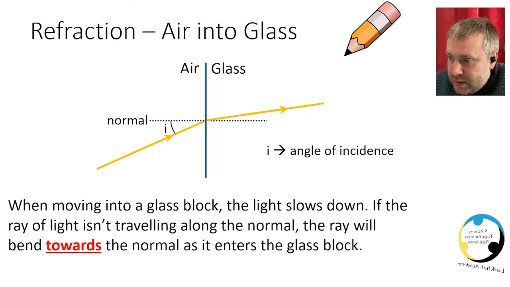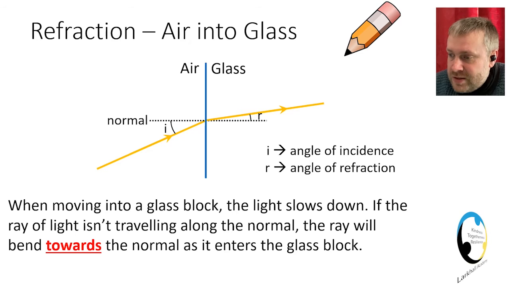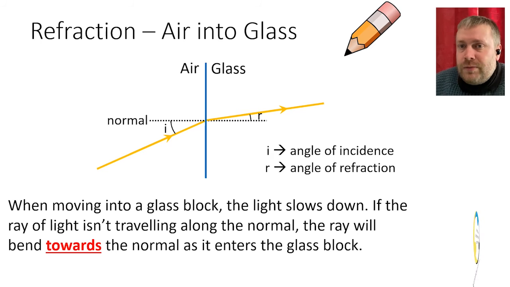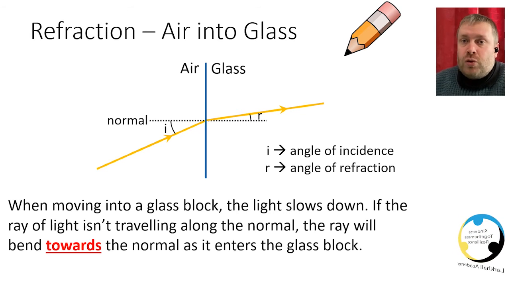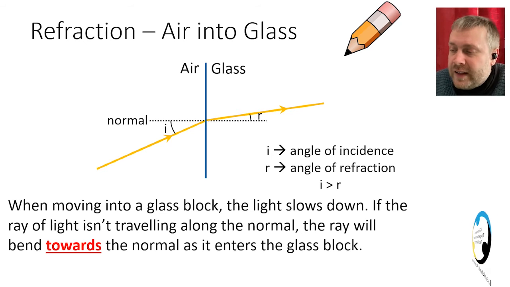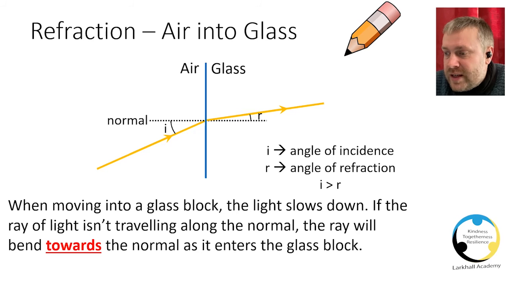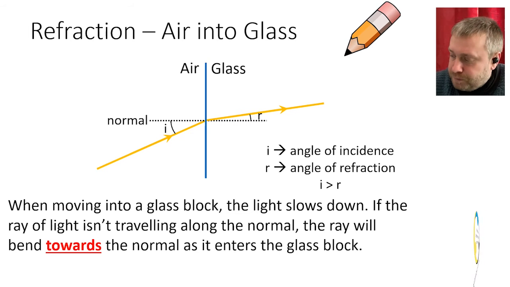So if we have this angle here, I, which is just the angle of incidence again, and this angle here, R, which this time is called the angle of refraction. I know that can be a little bit confusing. We use R for the angle of reflection or refraction. It just depends on what the light's doing, whether it's reflecting or refracting. We can say that the angle of incidence I is greater than the angle of refraction.